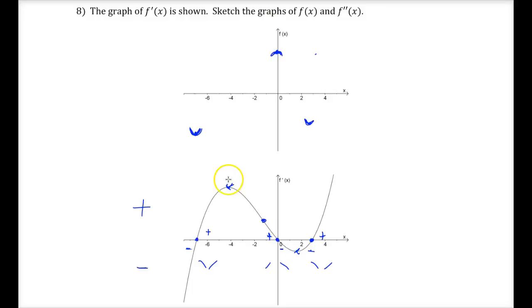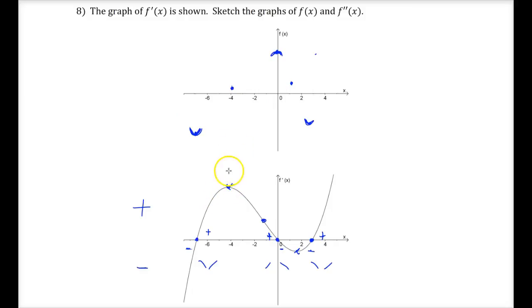So here, this should map up to, and I'm just going to pick a point about right here. That's going to be our inflection point for those interval x values. And then right here, this should map up to, let's just say about here. And that will be an inflection point for that next set of x values.